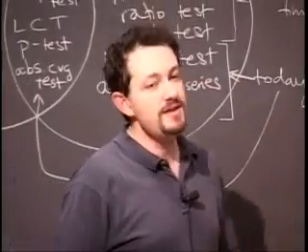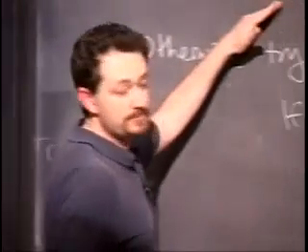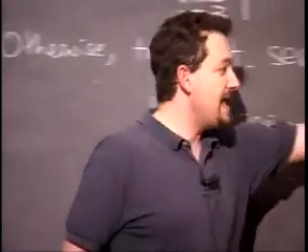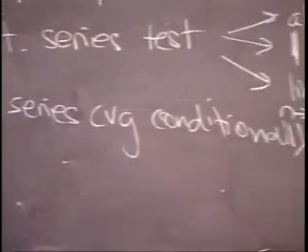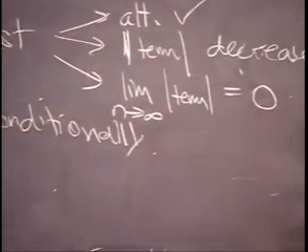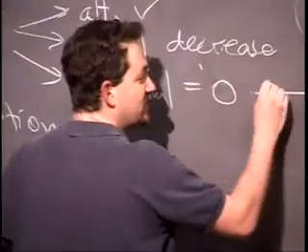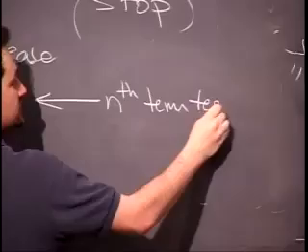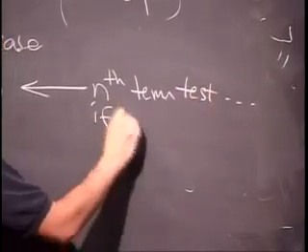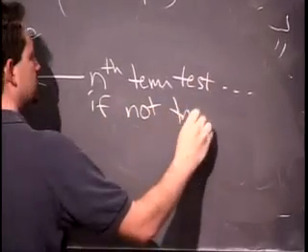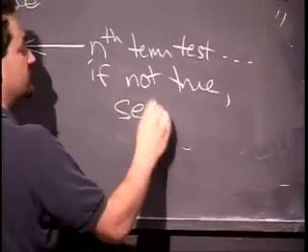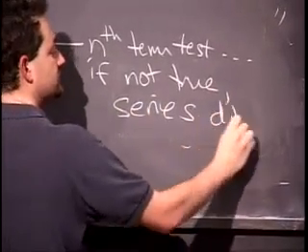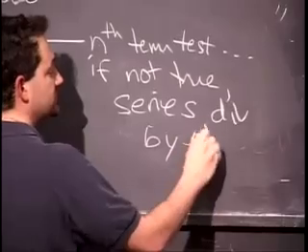Now, what if it doesn't converge absolutely and one of these things fails? Well, if it's this that fails, this is actually the nth term test, believe it or not. If not true, then the series diverges by the nth term test.